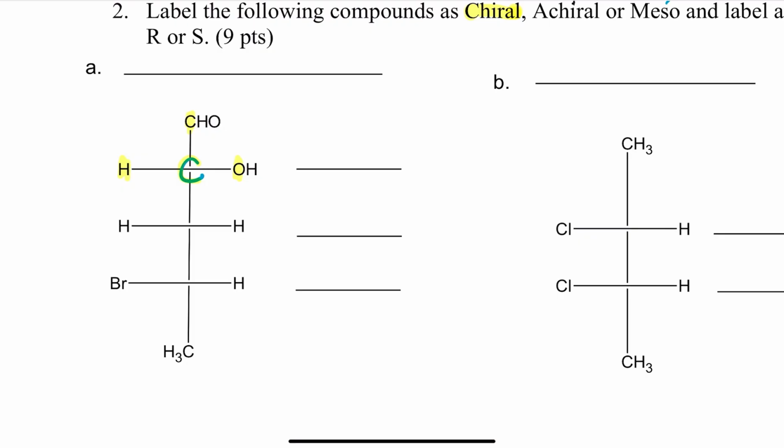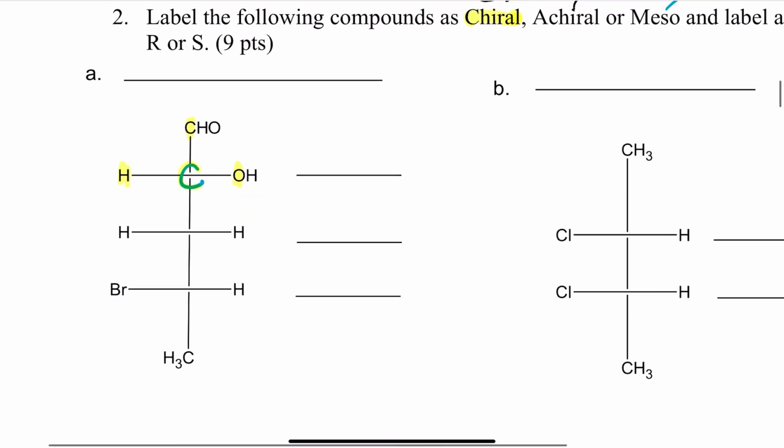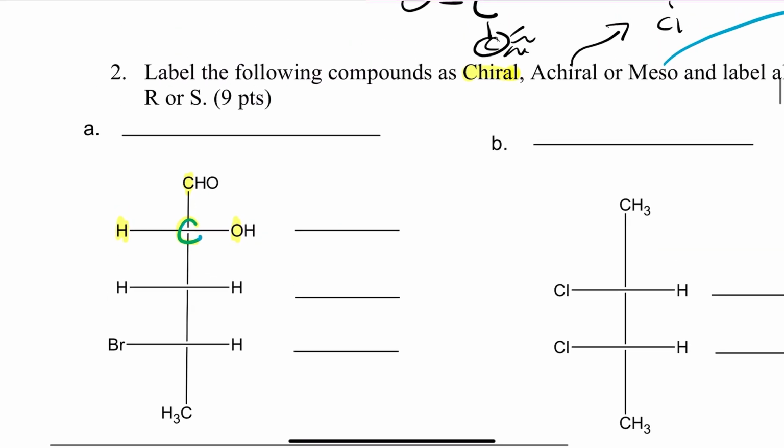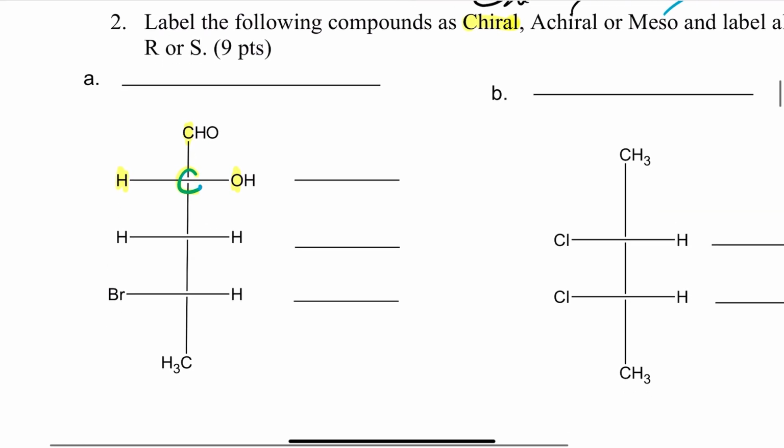So this portion, it is chiral. So we have at least one. So it's definitely chiral or meso at this point, right? We still haven't figured it out. It's either chiral or meso.